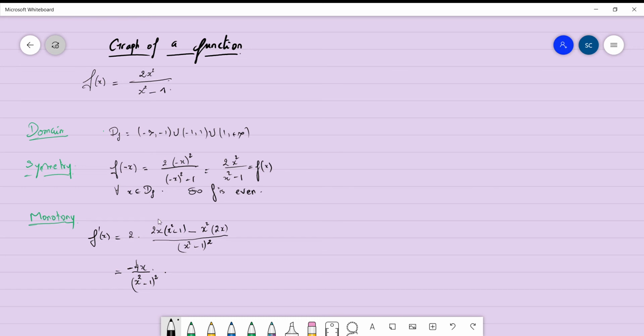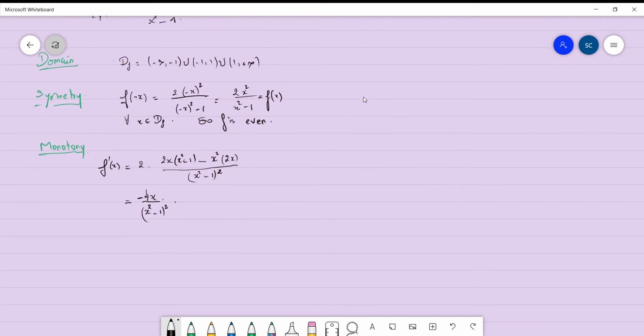It's clear, its sign is easy to study. So the monotony, we can do it here in a small table. Let's study our function everywhere so that we develop our abilities more. We said we have to avoid -1 and 1, where my function is not defined. Then I need to study the sign.